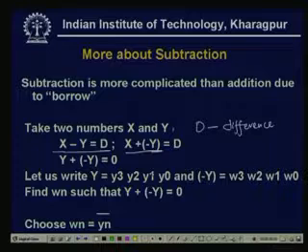Now, if I replace x by y, that means if x equal to y, then this is y minus y, so the difference should be 0. If I arrange this expression again, it should be y plus of minus y equal to 0.